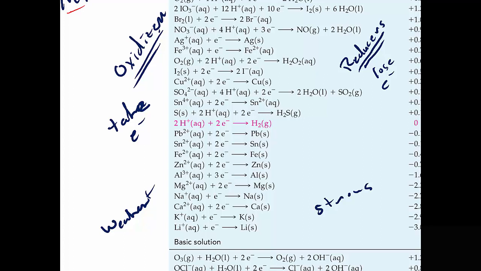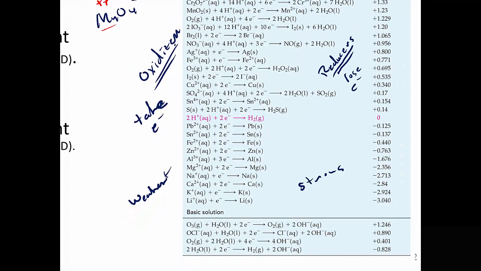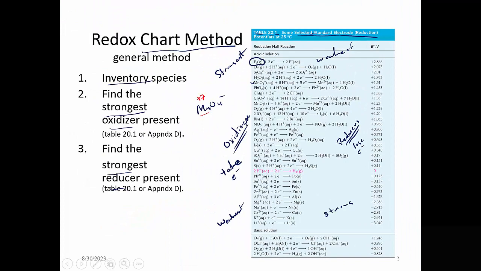The metals that are stronger reducers than hydrogen are called the active metals.